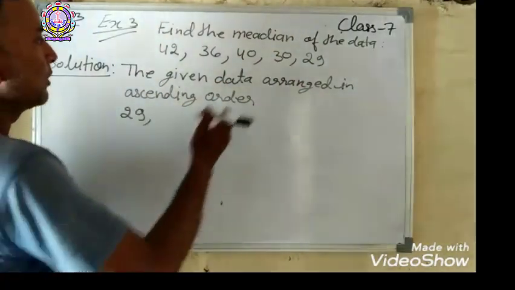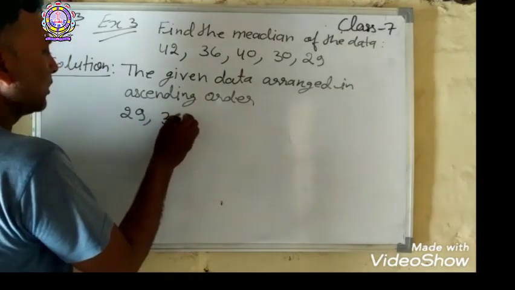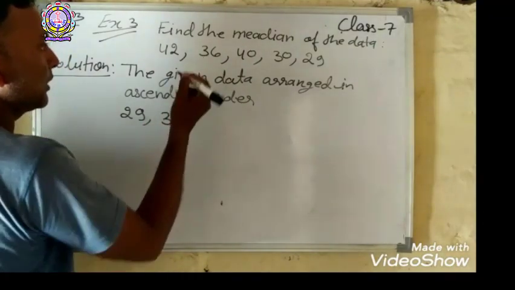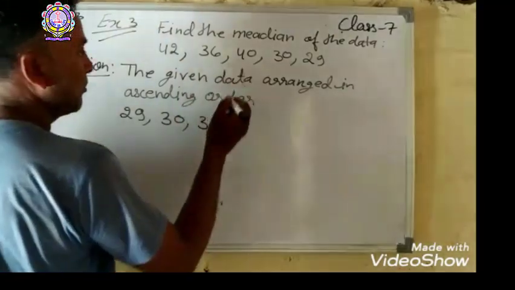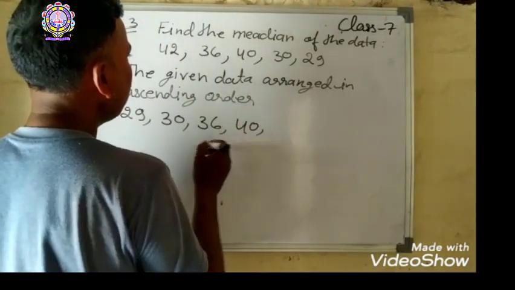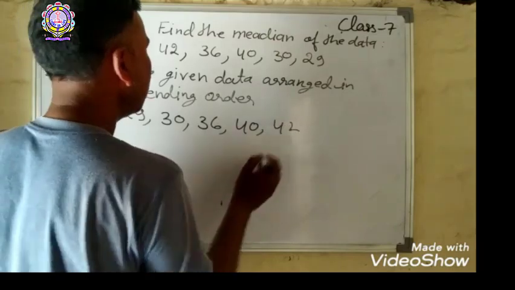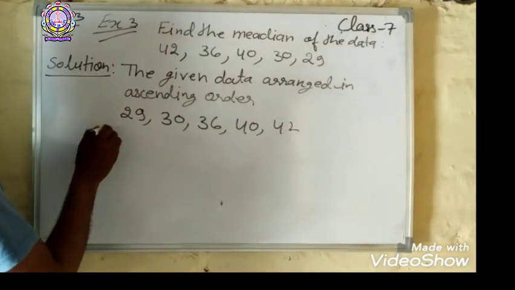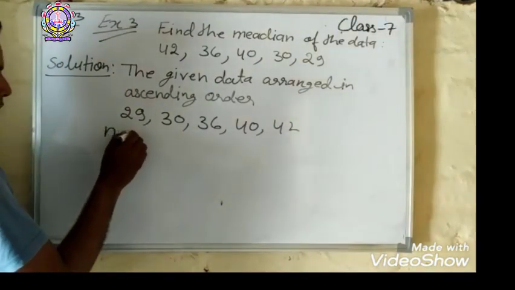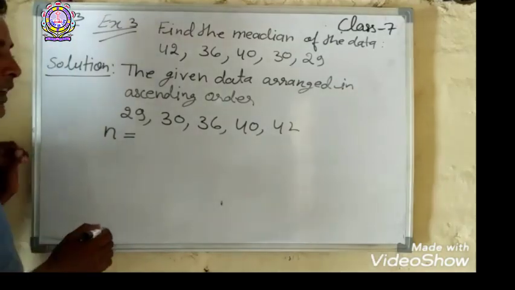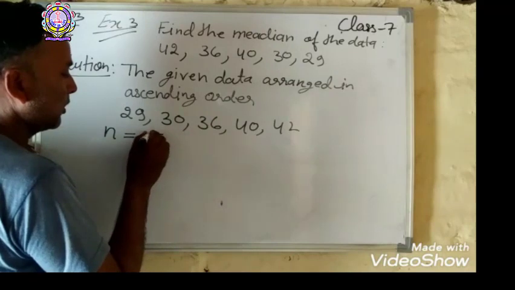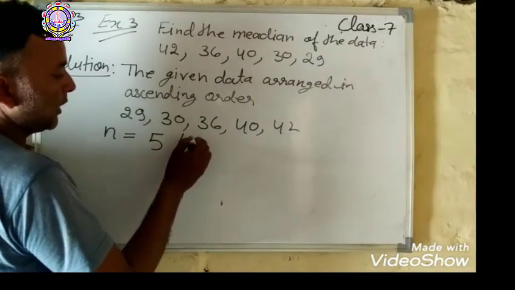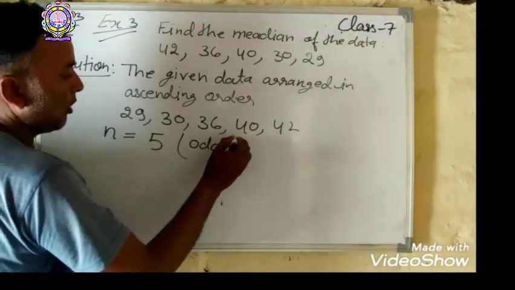After 29, that is 30. After 30, that is 36. And after 36, that is 40. And after 40, that is 42. Now, the number of observations. What are you observing here? 1, 2, 3, 4, 5. And 5 is an odd number.